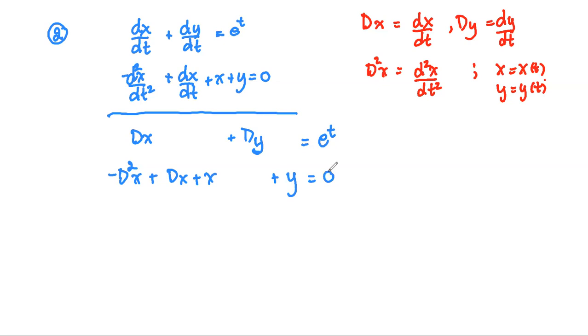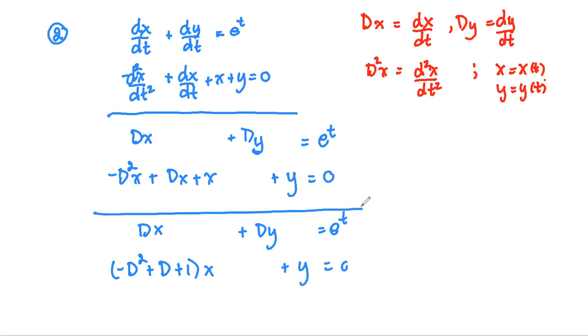And group them, for the second equation, in the form of the quantity negative D squared plus D plus 1 times x plus y equals 0. And next we are going to eliminate the variable y.